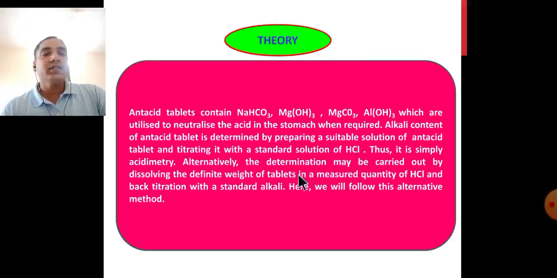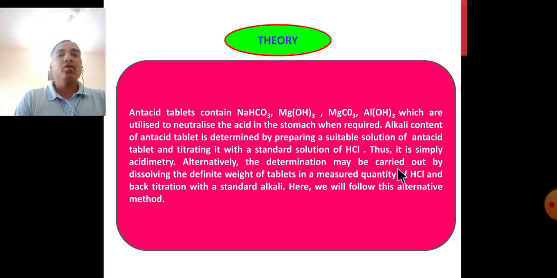Thus, it is simply acidimetry. Alternatively, the determination may be carried out by dissolving a definite weight of the tablet in a measured quantity of HCl and back titration with the standard alkali. Here we will follow this alternative method.